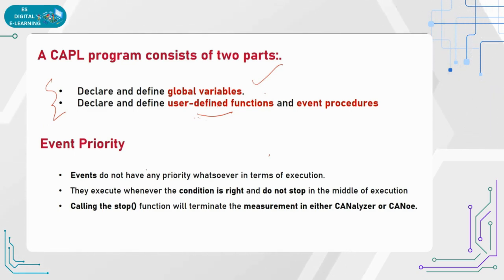Next is the event. An event means some task or action. How does it take priority? Events don't have any priority. Whatever we define in order, the program will be executed in order only. Here also it will execute if the condition is right.